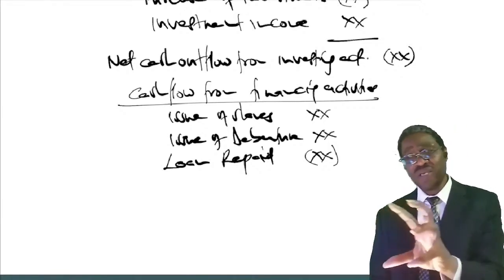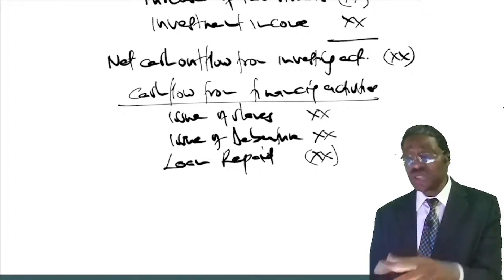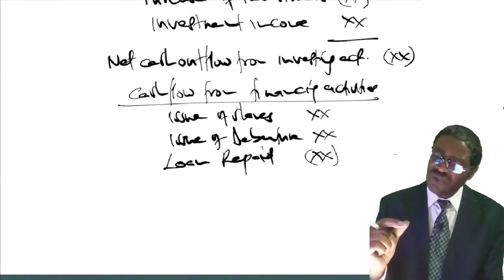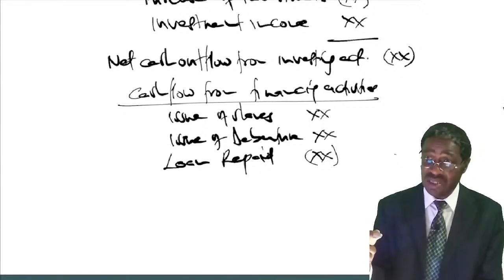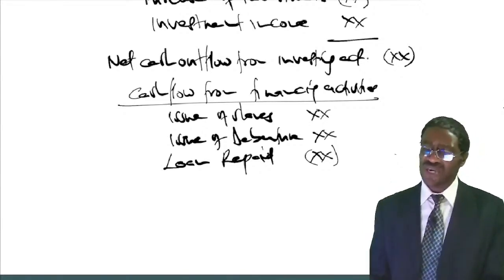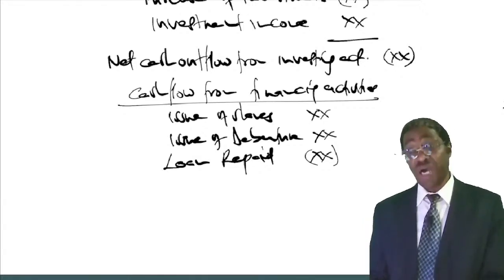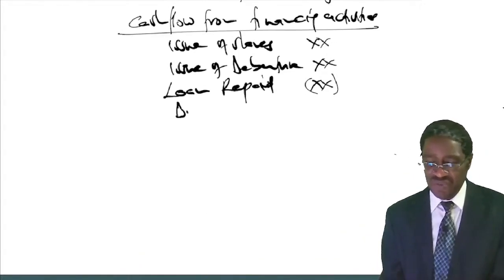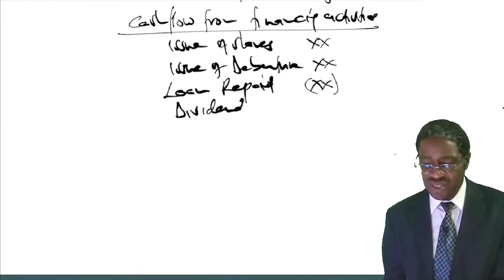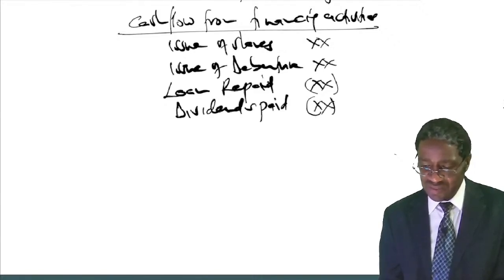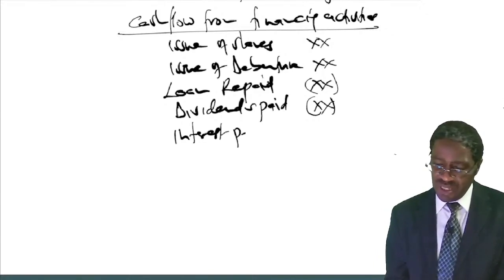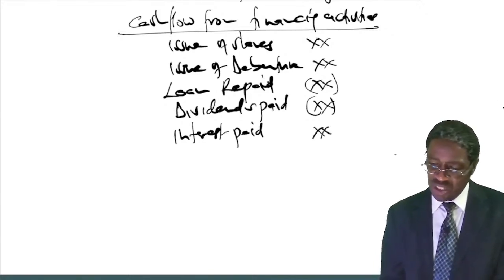When you borrow through loans, you pay loan interest. So whatever you are paying to the financiers as their return is also classified as a financing activity. Among other financing activities we shall have dividends paid. The other one is interest paid.